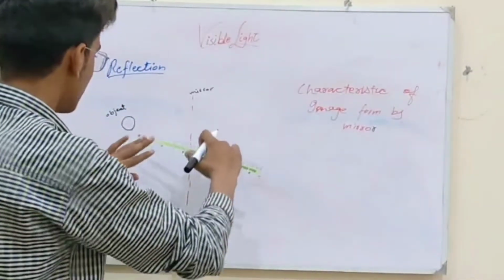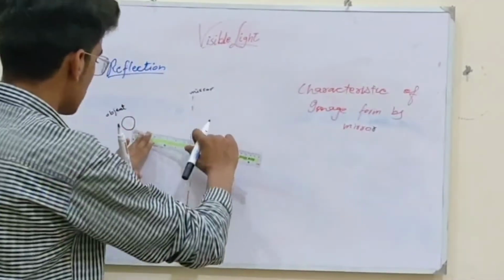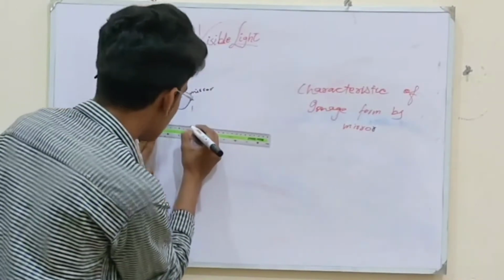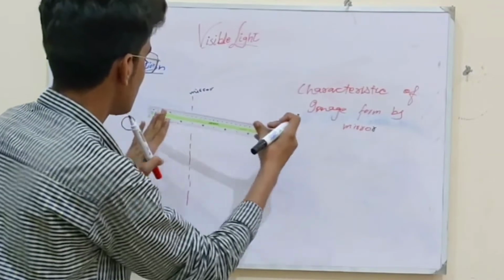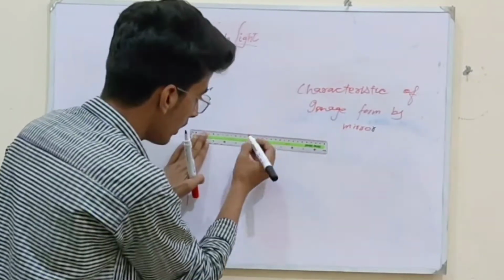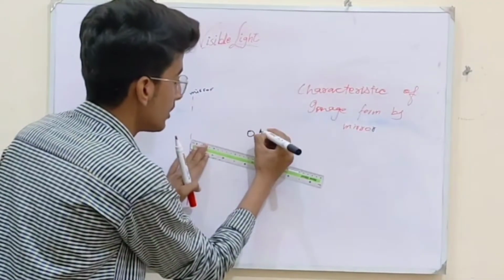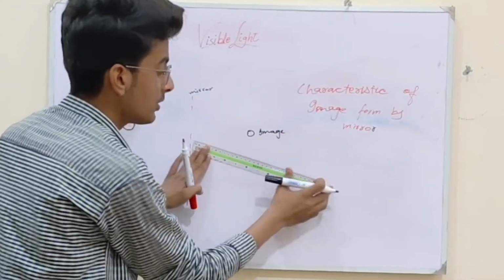For example, if you measure this distance as about 12.7, you would go here and put 12.7, and this would be our image. What is the first characteristic?